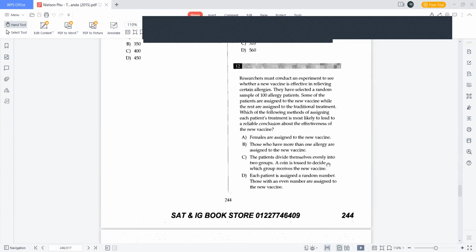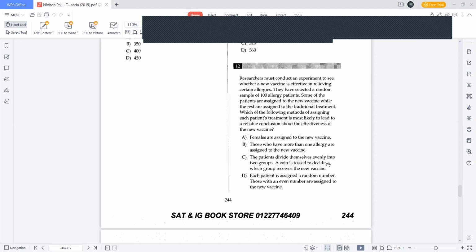Researchers must conduct an experiment to see whether a new vaccine is effective in relieving certain allergies. They have selected a random sample of 100 allergy patients. Some of the patients are assigned to the new vaccine, while the rest are assigned to traditional treatment.